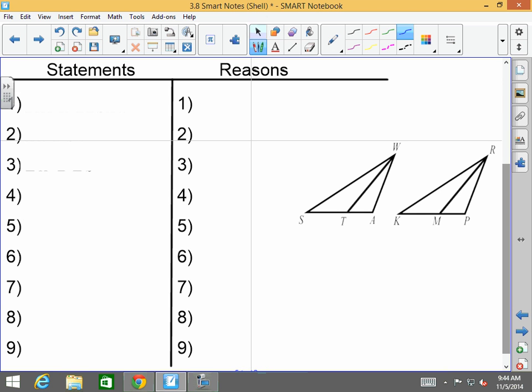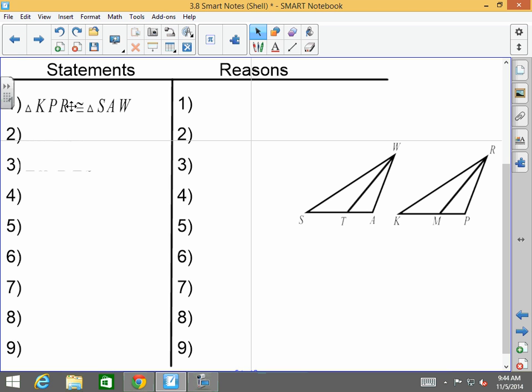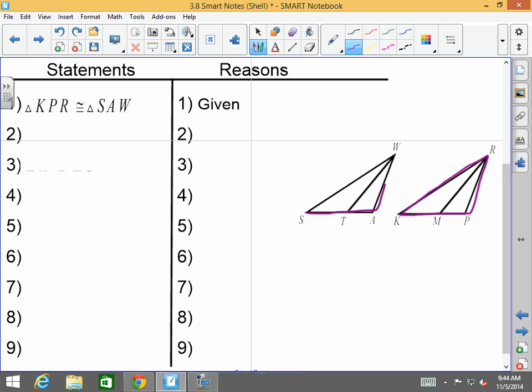The first thing they tell you is that triangle KPR is congruent to triangle SAW. Okay, so I'm going to highlight that in purple. Both of them. So I've got KPR, the whole triangle, is congruent to triangle SAW, the whole triangle.